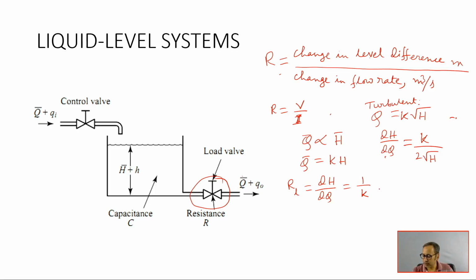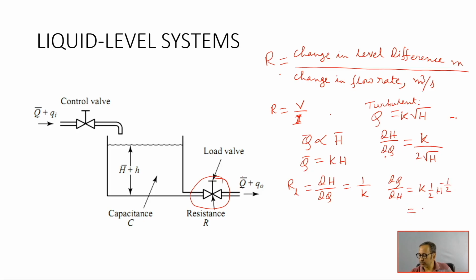Okay. So, actually there is one step jump. You can write that dQ by dH equal to k into half into H to the power minus half.